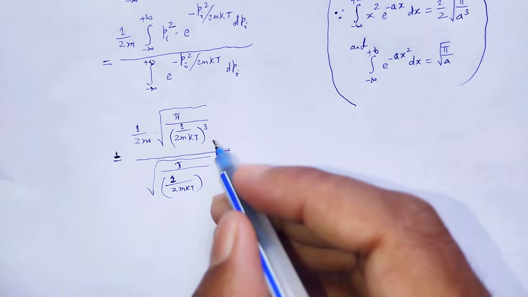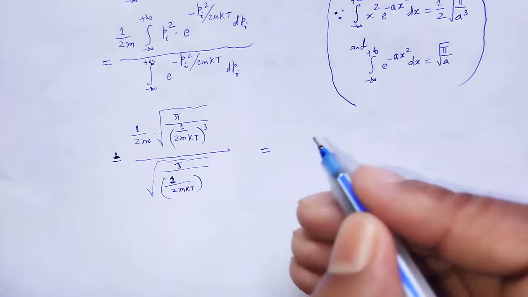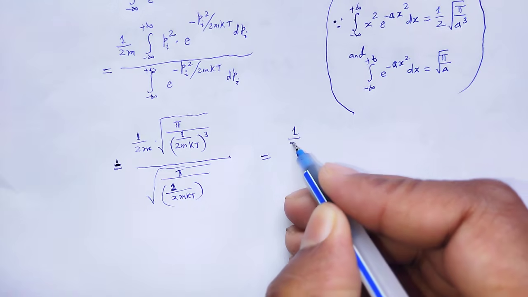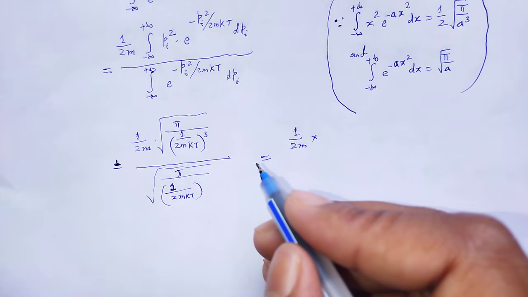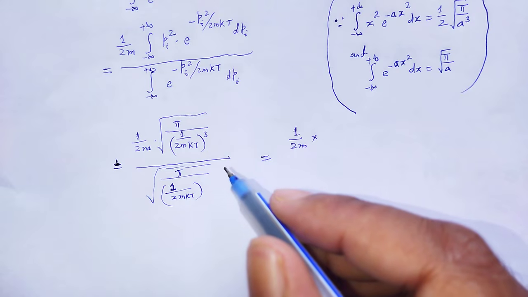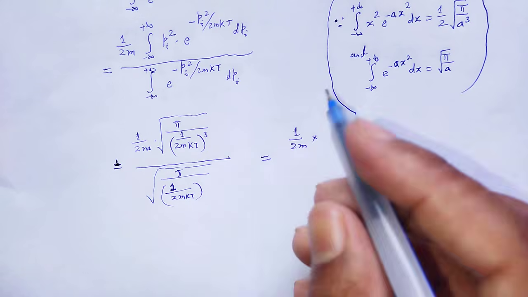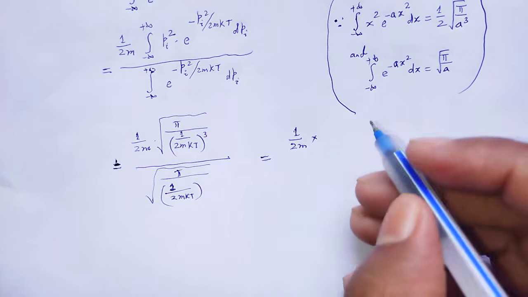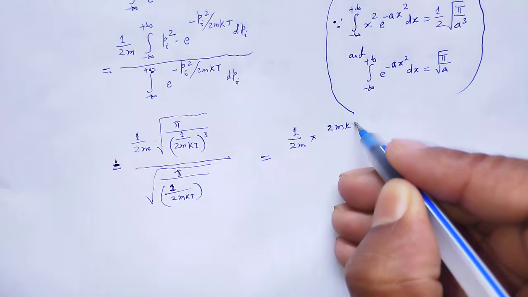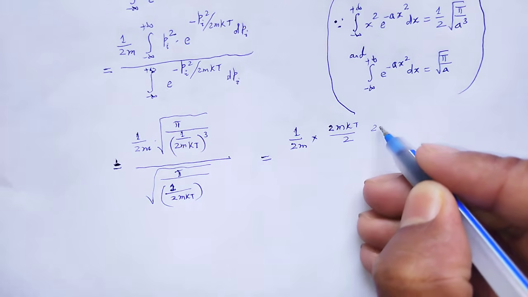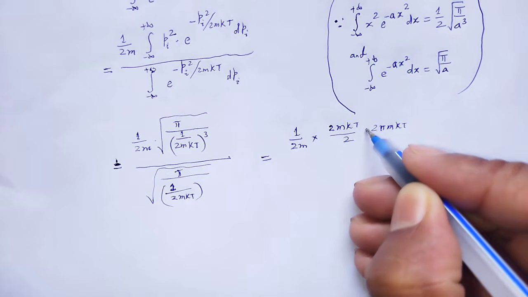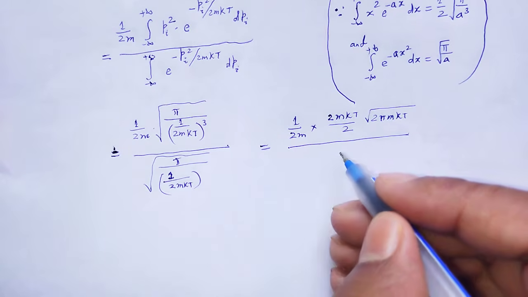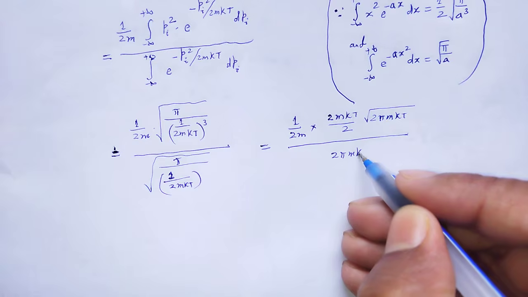So it can be solved like this: 1 by 2m into this under root, solved as 2m kt by 2 into 2 pi m kt under root, divided by, next, it is written as 2 pi m kt under root.